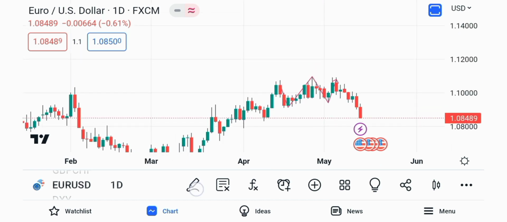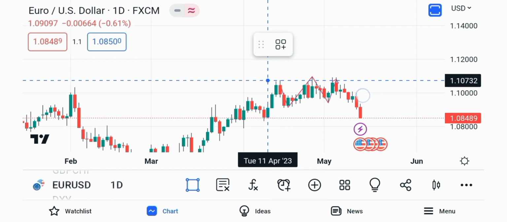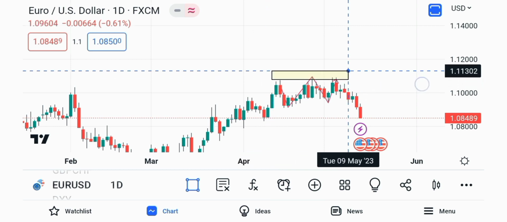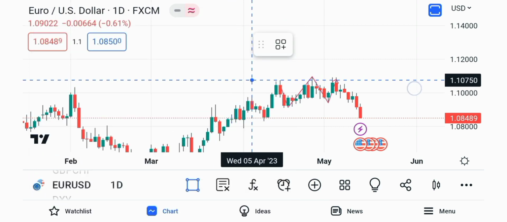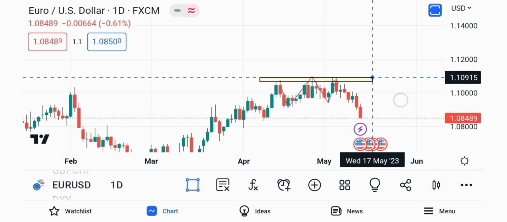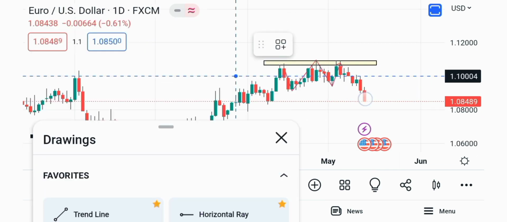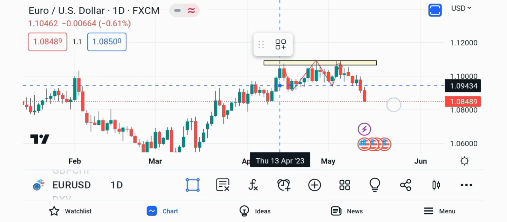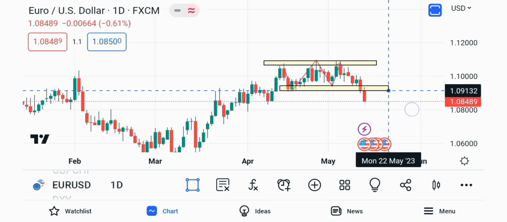Let me modify it a bit. We can spot this key level here, and also another key level here, and can also spot another key level here.